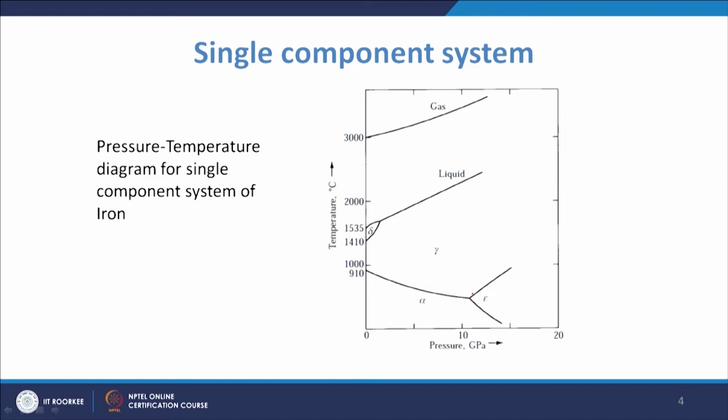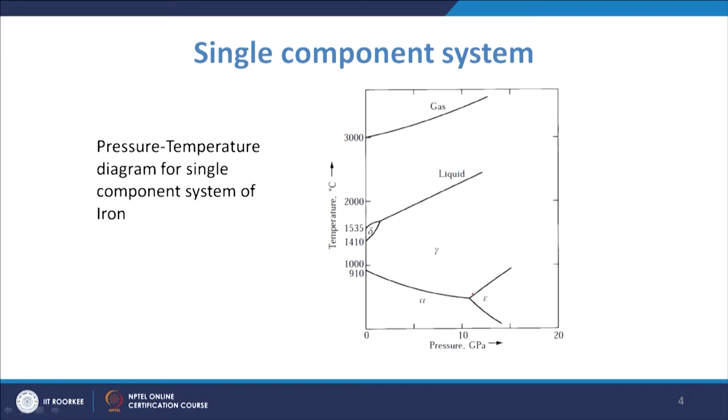In the single component system you can see the different points and find what the degree of freedom will be at each. This is for iron, and it is very clear that these are the solid phases, then you have the liquid phase, and then the gaseous phase at the top.